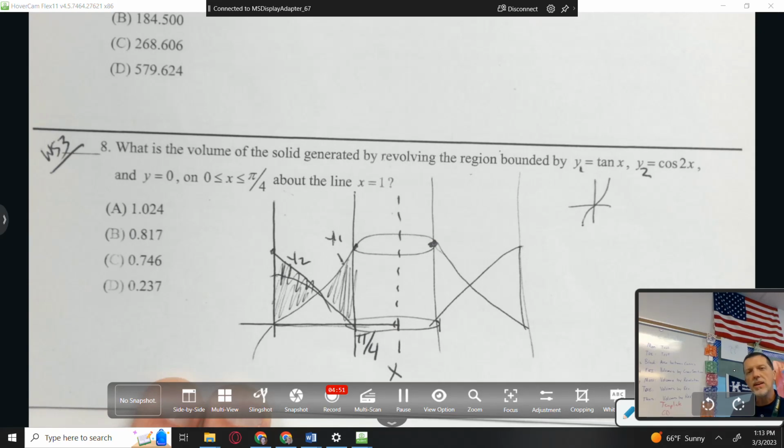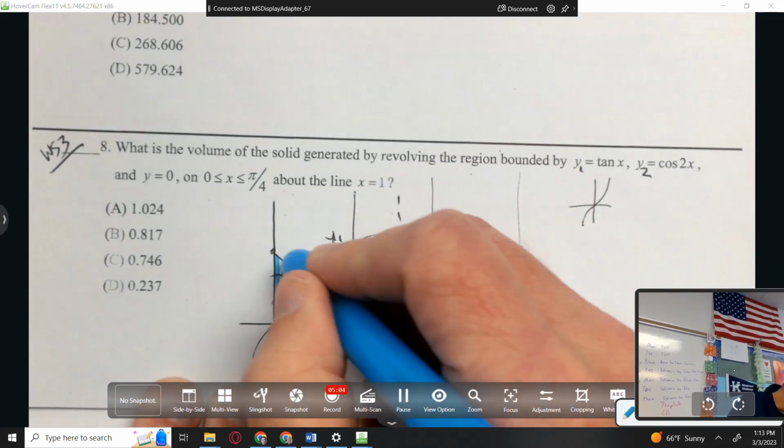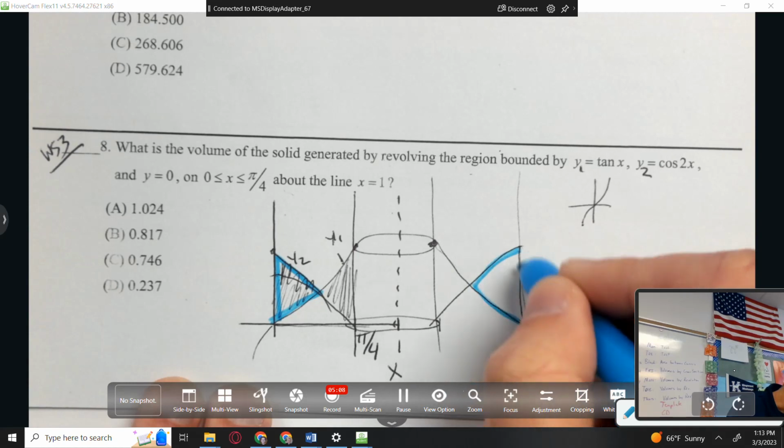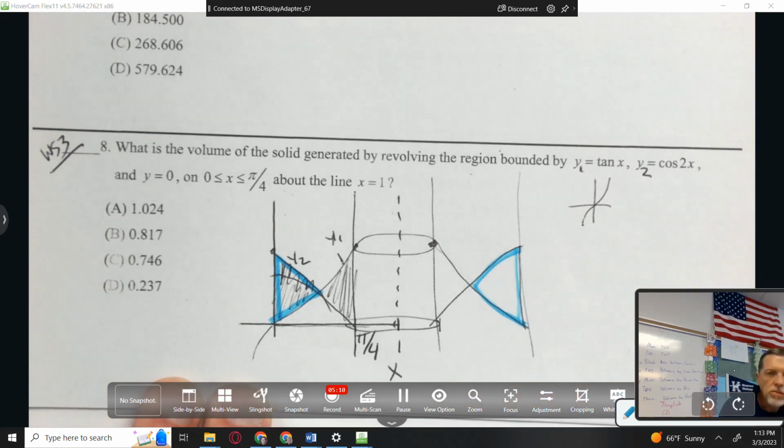I think I'm going to have to do this in stages or in two different integrals. Not impossible. Tricky problem.